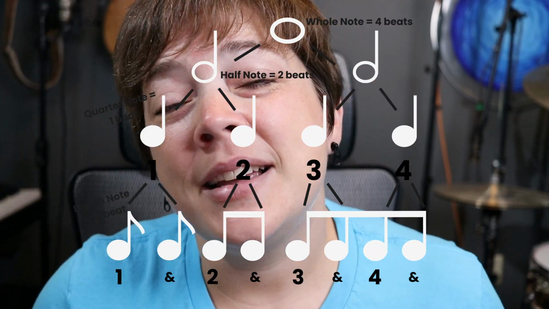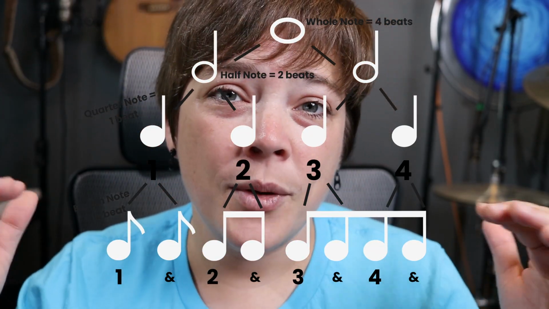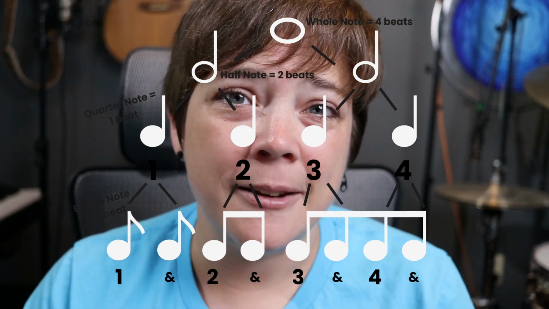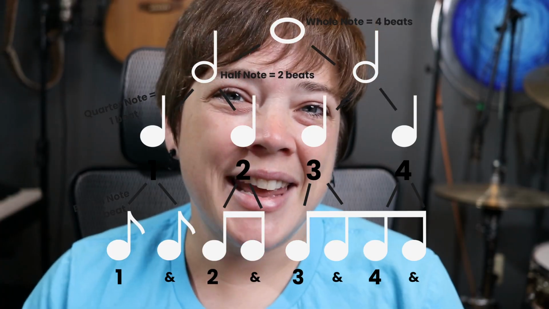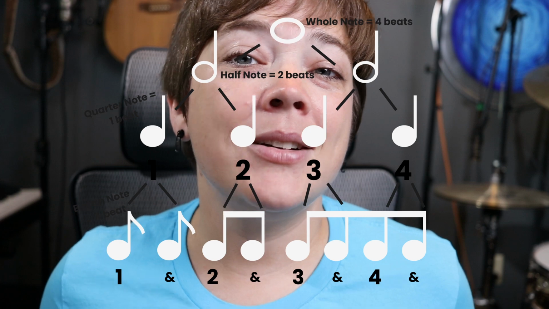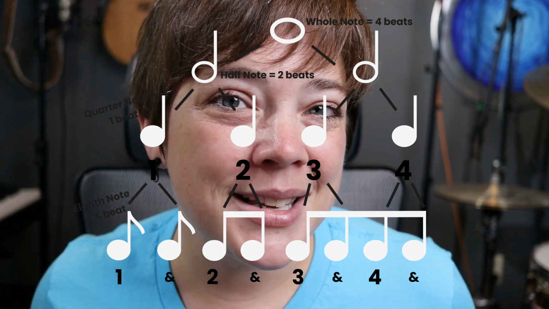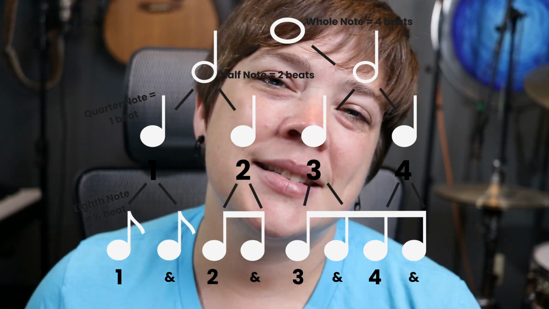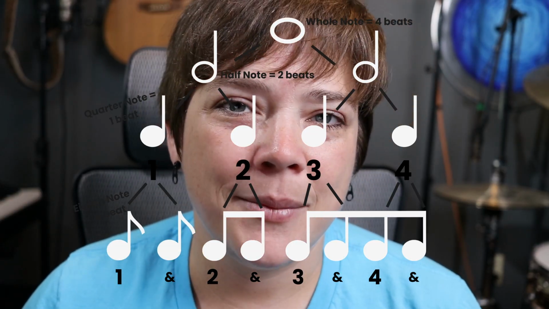And then if we split our half notes in half, we get our quarter notes. And our quarter notes are the pulse of our beat in 4/4 time. And so we would count them as 1, 2, 3, 4. Now it's going to get a bit more complicated because we're going to split our quarter notes in half to get our eighth notes, named such because there's 8 of them in a measure.